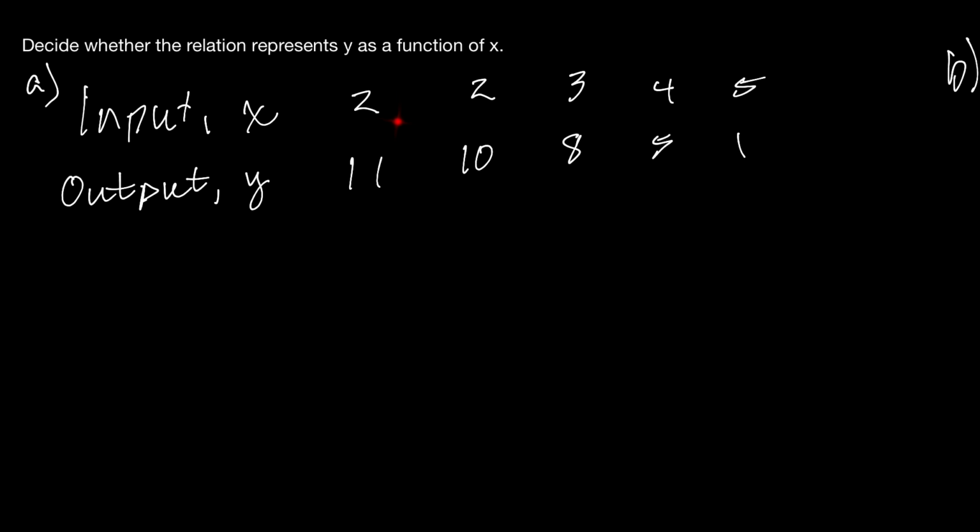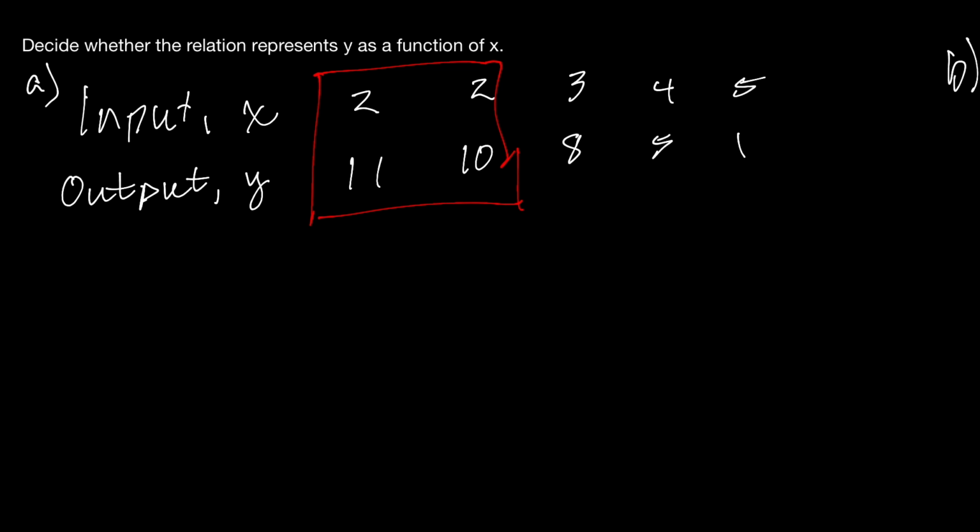The first thing we notice right here is I have an input of 2 that maps to an 11, and an input of 2 that maps to a 10. This piece violates our definition, because the 2 has to map to exactly 1, not 2 different outputs. So I can't have a function.